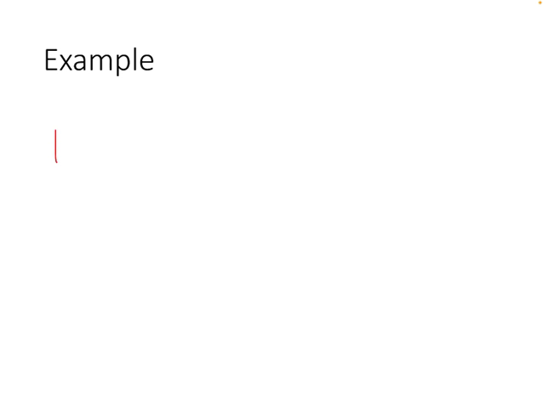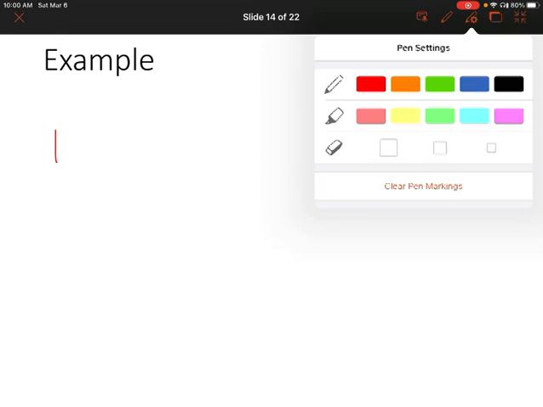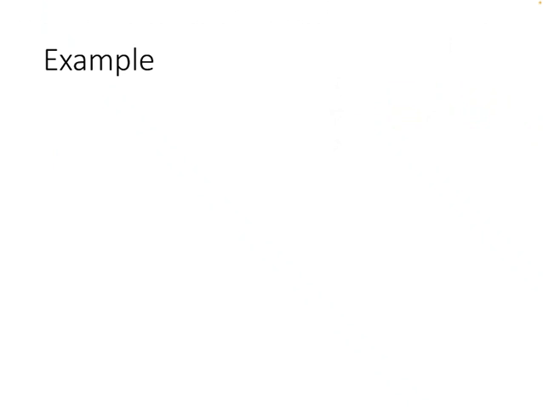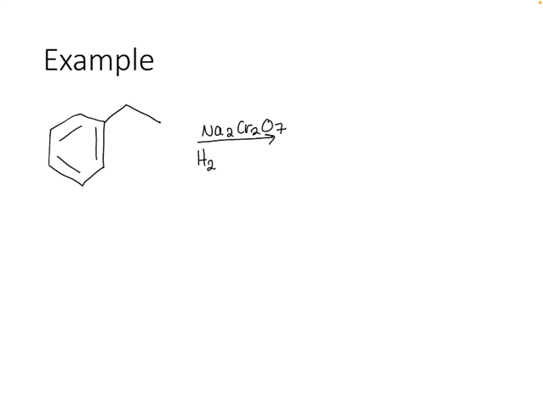So in the first problem, oops, my marker changed. There we go. So let's say we have an ethyl group that's coming off of the benzene ring, and we add Na2Cr2O7 followed by H2SO4 and water.